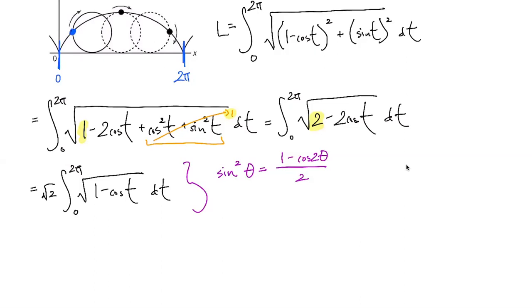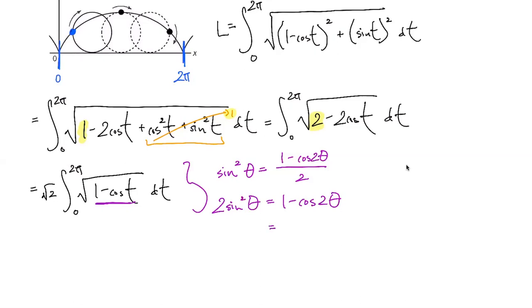And so I'm going to multiply the 2 to the other side. So I'm going to get 2 sine squared theta equals 1 minus cosine 2 theta. Okay. And then I'm getting closer to what this looks like, except I don't have a 2t, I only have 1t. So how does that play out here?